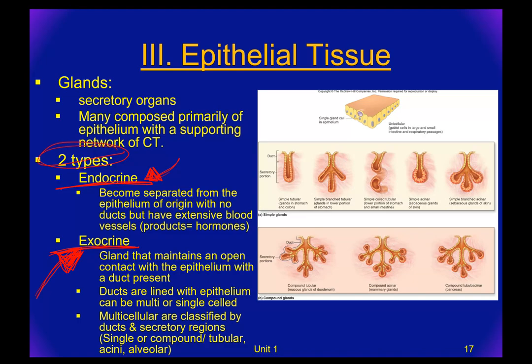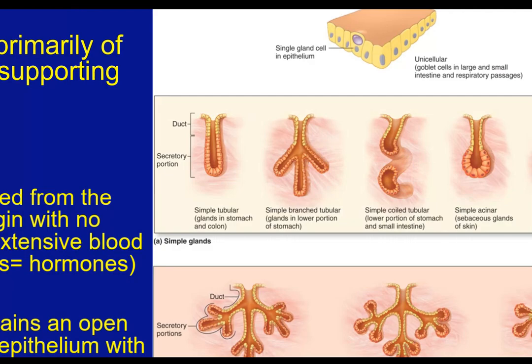If you look over here, you'll notice that I've got kind of these simple tubular glands. They look like a test tube. And then I've got this little dude over here that looks more like a grape, right? These are called acinar glands. And the thing is, these simple tubular glands can be really, really long.